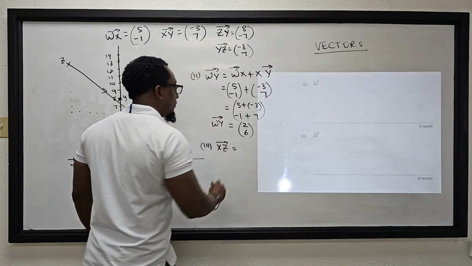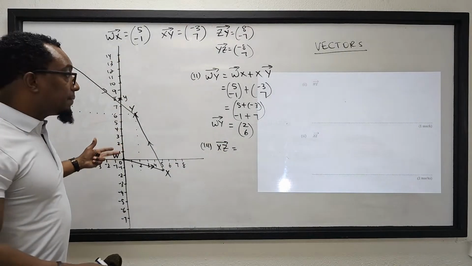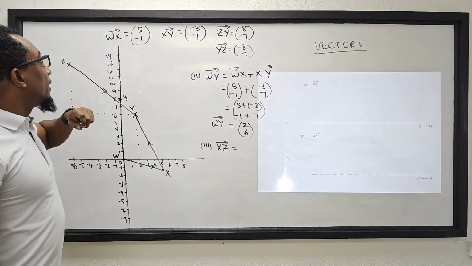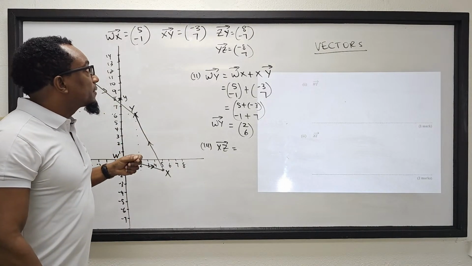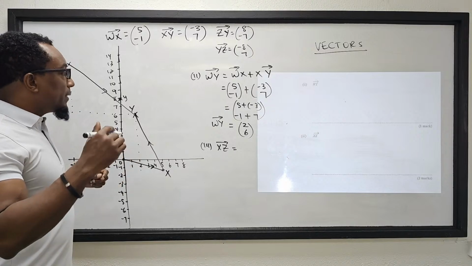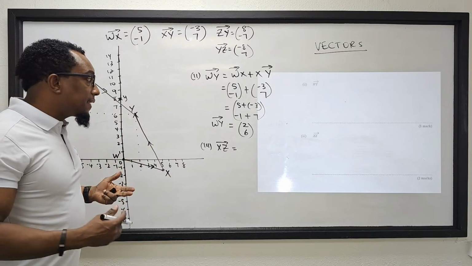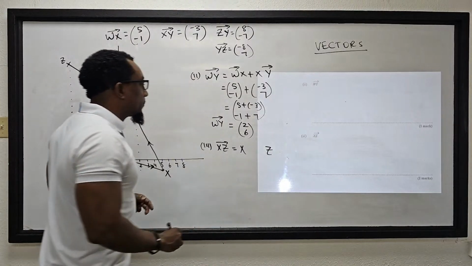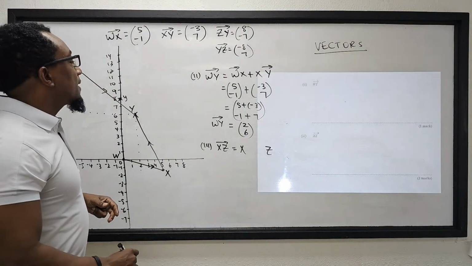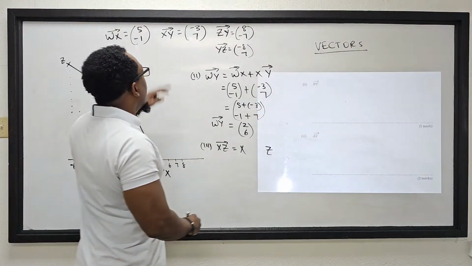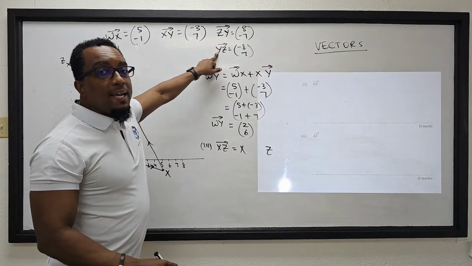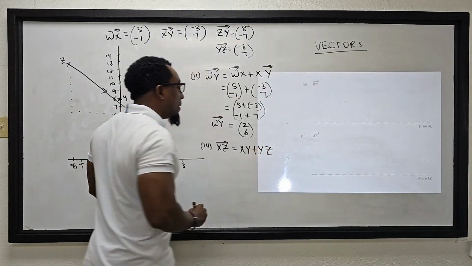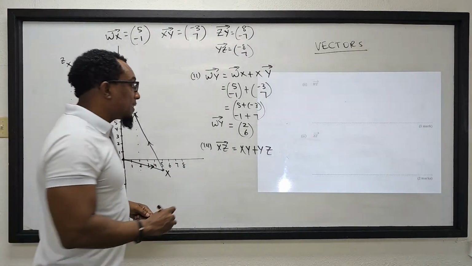And part 3, XZ. Of course, you don't have to do this in the exam, but it's a visual to help you. XZ will begin with X, end with Z, and you want the same letters at the middle, so it's going to be XY and YZ, separated by an addition sign.